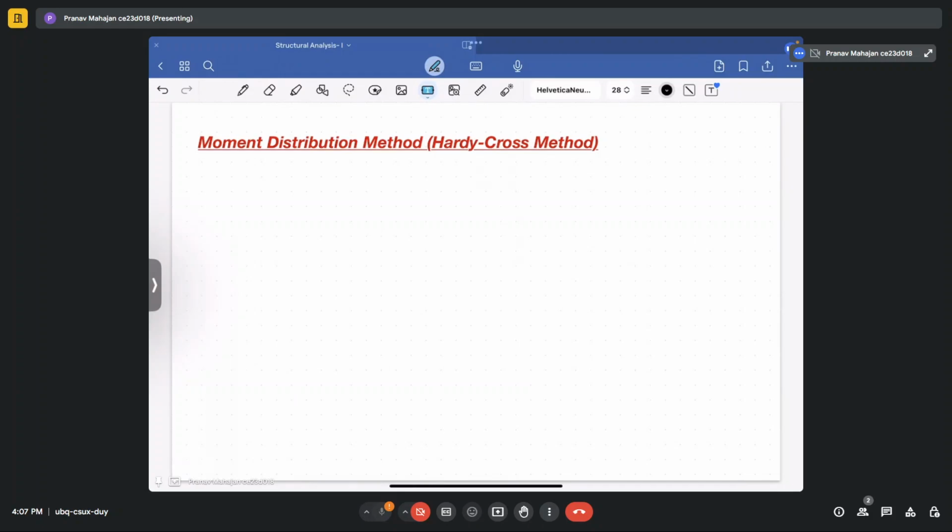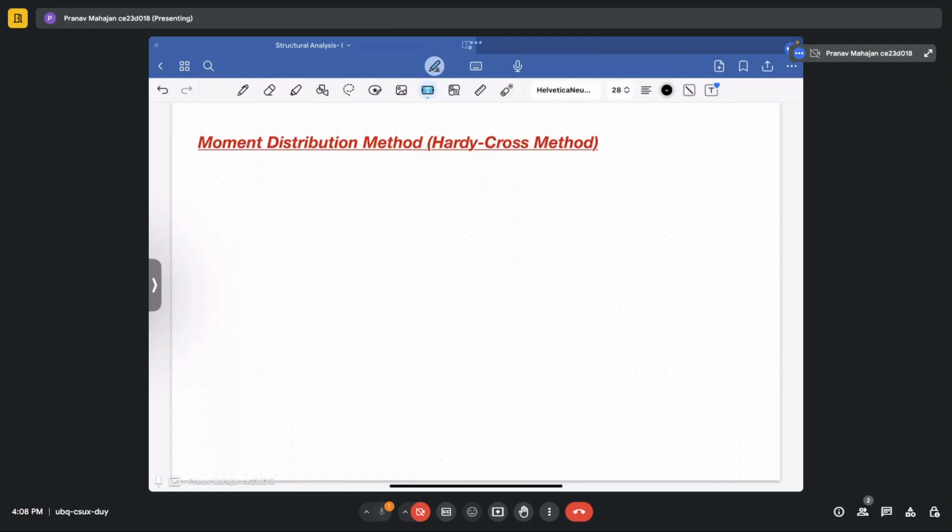The moment distribution method is also known as the Hardy Cross method. We will try to calculate the value of end moments using the carryover moment as well as the distribution factors in continuous beams.